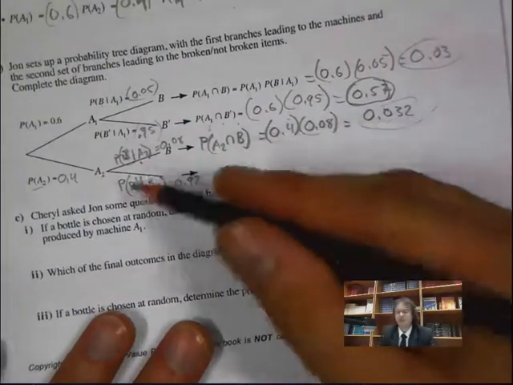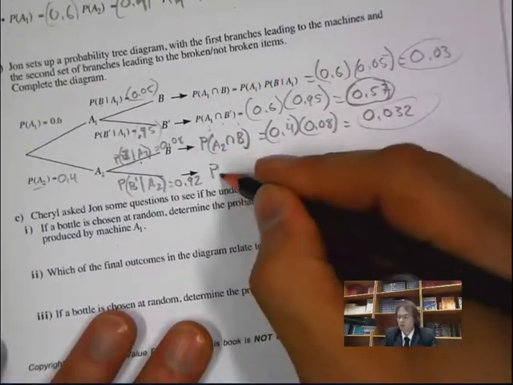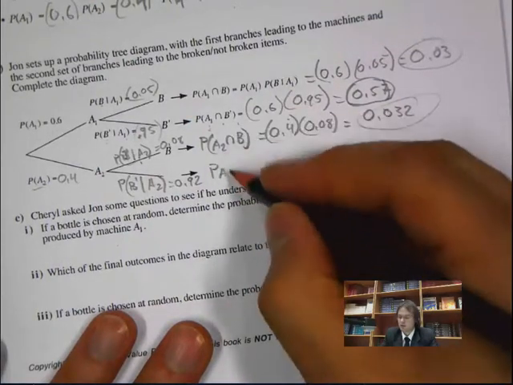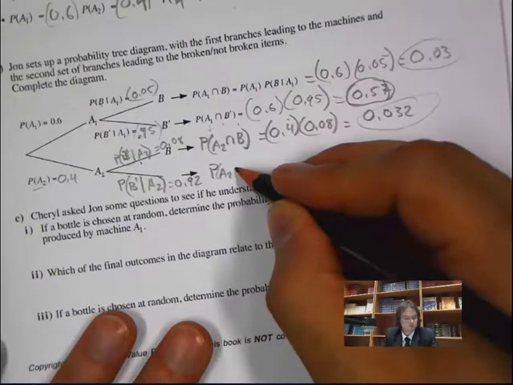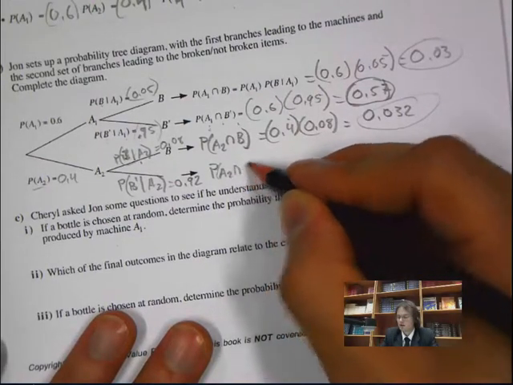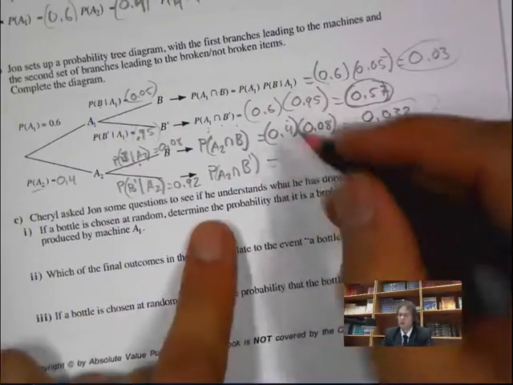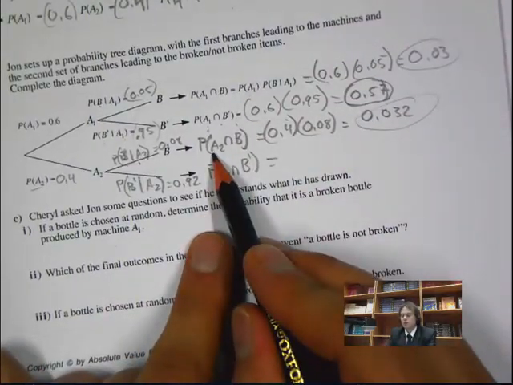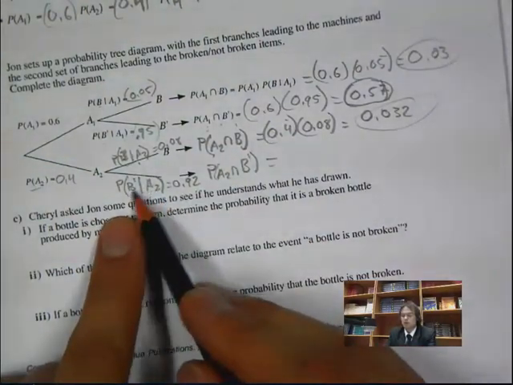Now the probability that it's from machine 2 and it's not broken. Notice the order here: it's from that machine first, and then it's not broken.